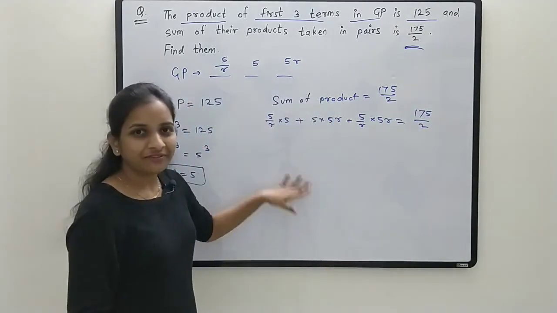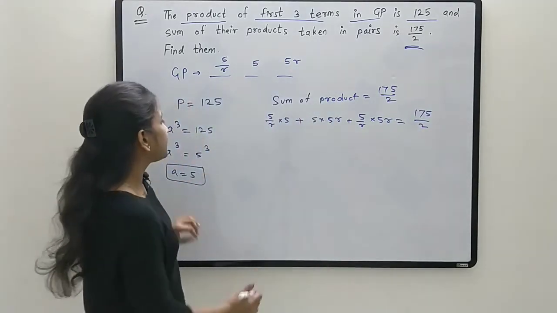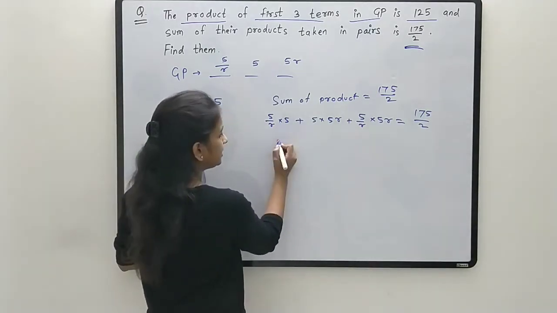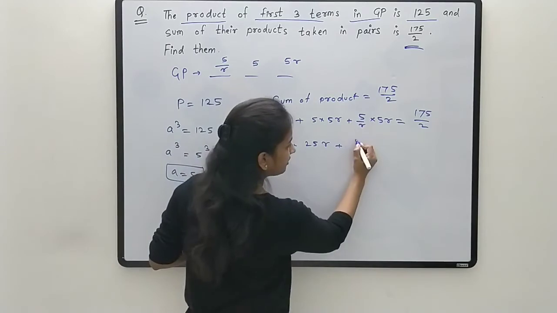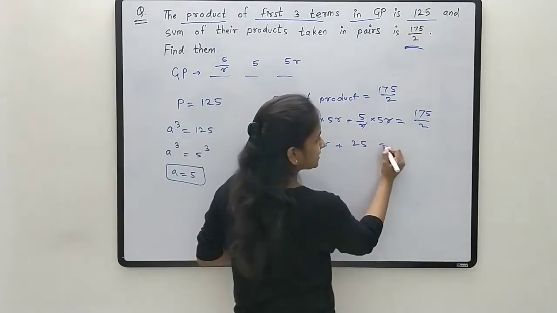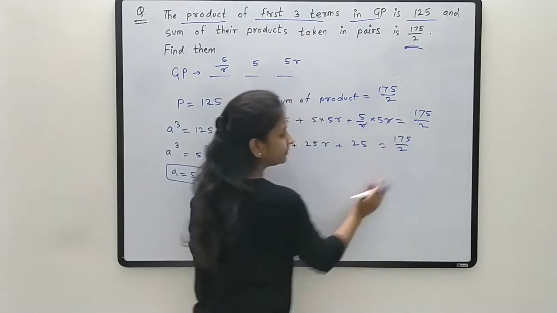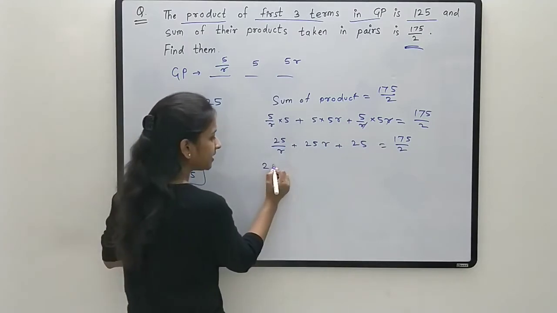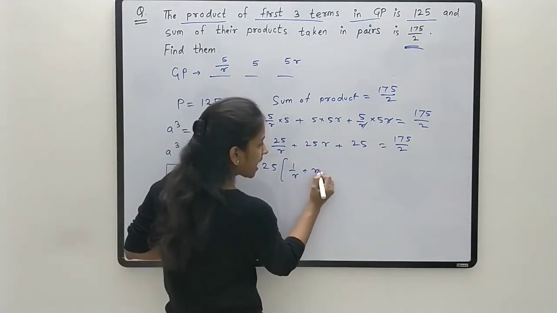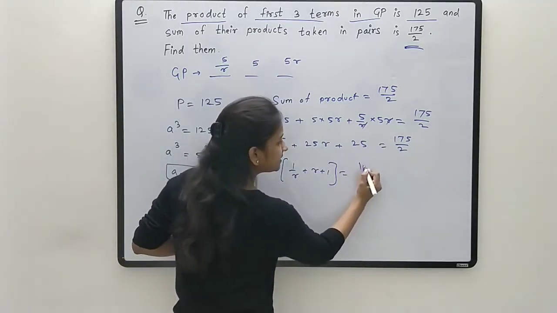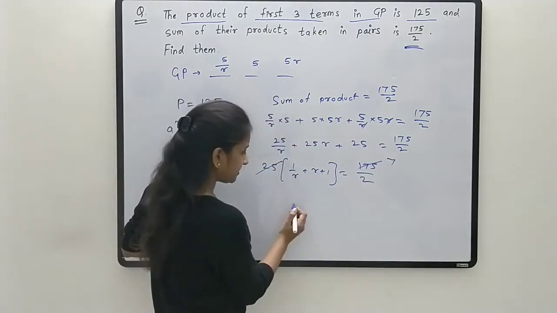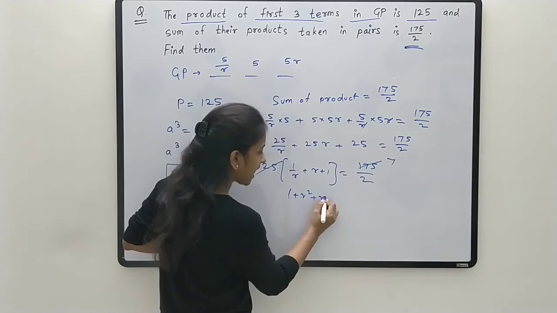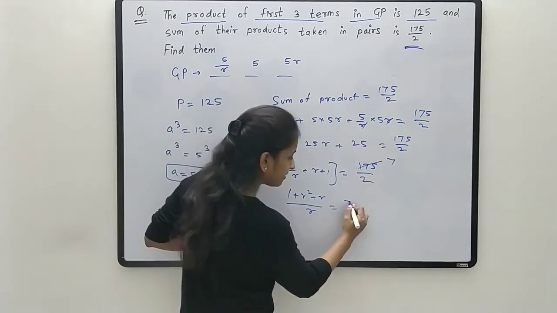If we solve this, we will get the value of R. Now see, this is 25 by R plus 25R plus 25. R gets cancelled in the last term. This is 175 by 2. Let's take 25 common. So we are left with 1 by R plus R plus 1 is equal to 175 by 2. So 25 and 7 LCM: 1 plus R square plus R divided by R is equal to 7 by 2.